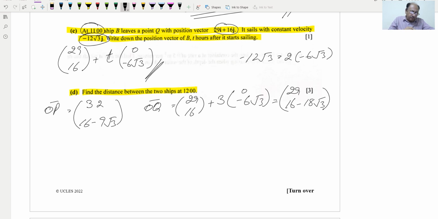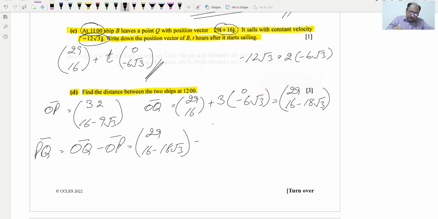Now this is our PQ, OP and OQ, but we require PQ, so PQ distance will be OQ minus OP, and OQ is 29 and 16 18 root 3.